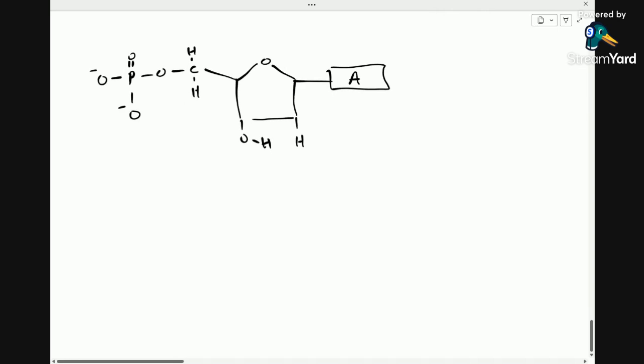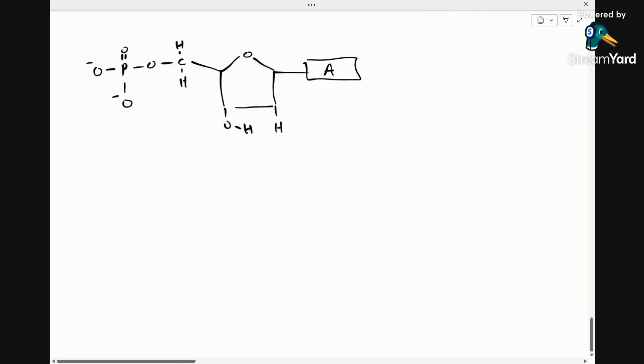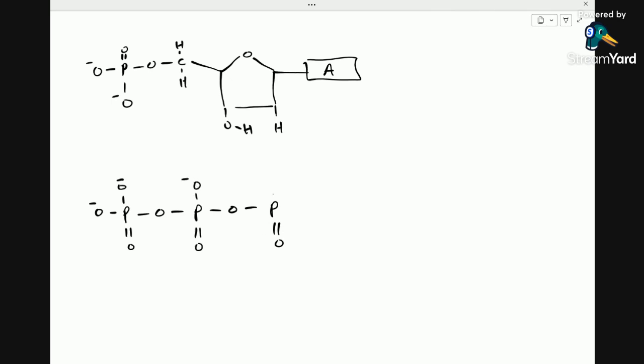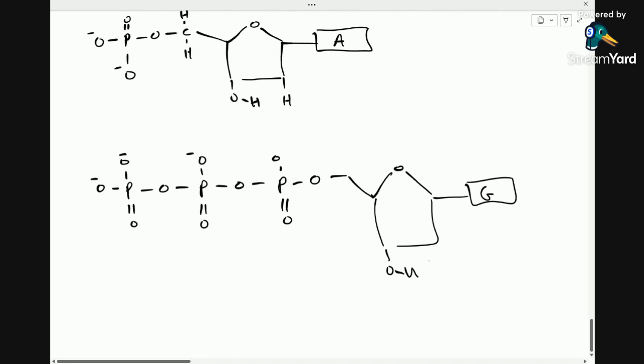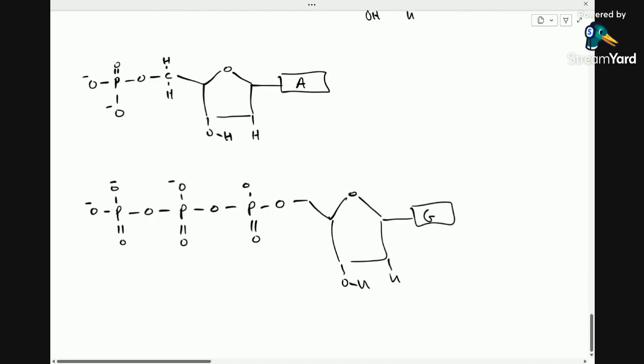That is what my nucleotide looks like, and I've just drawn a few more carbons on there. I'm going to draw the same thing again for my next nucleotide. So here we go. This is my triphosphorylated deoxynucleotide, deoxyribonucleotide, in fact.